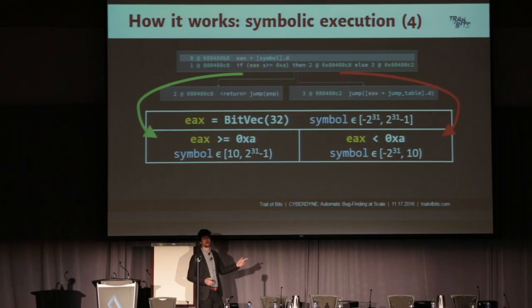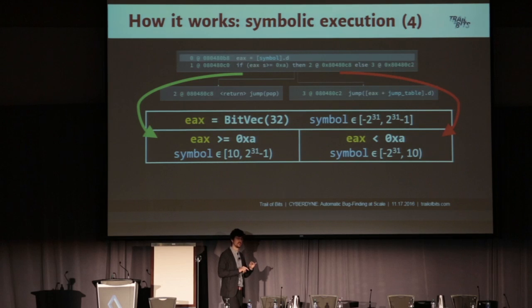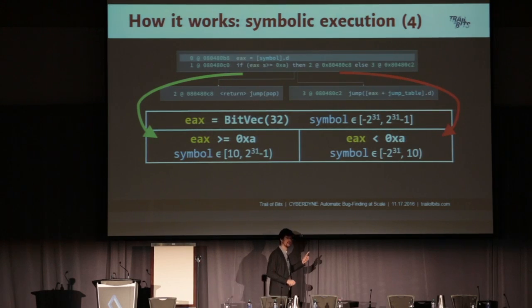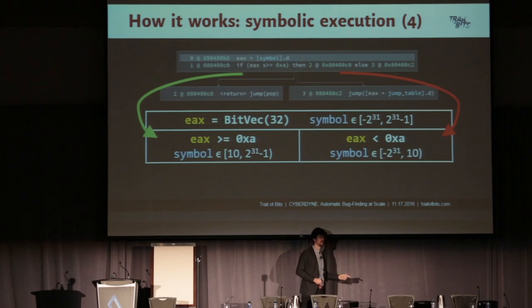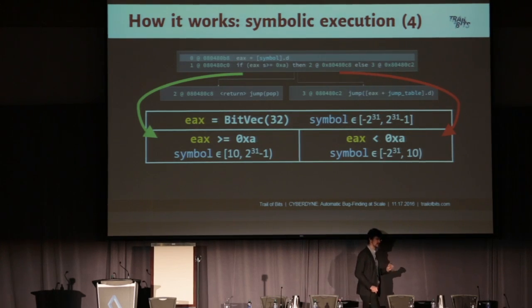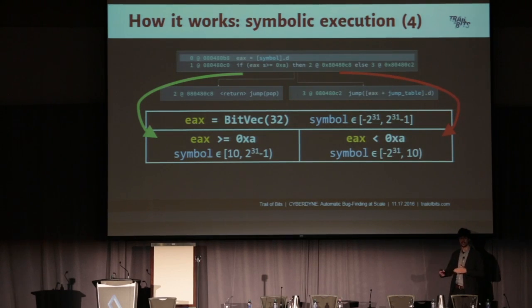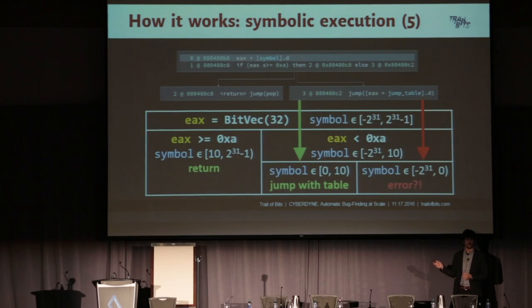And down the path on your right, this is the case where we're going to handle our 10 possible indexes. But there's something a bit funny about this. We're actually handling negative numbers as well as our 0, 1, 2, up to 9. This is where we're saying, let's go handle one of the cases. And we see that the constraints are bringing in this corner case that we didn't originally think about when we programmed this. And so again, the next step of the symbolic executor: fork.